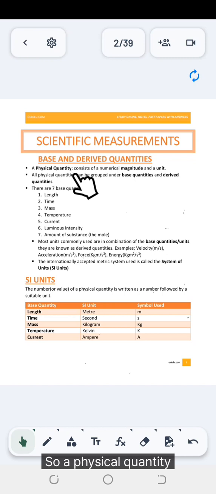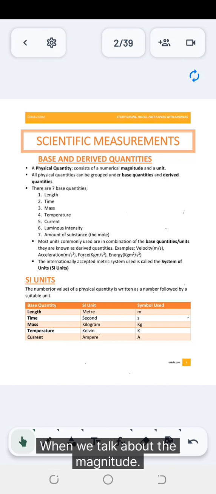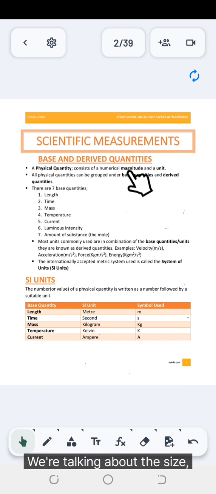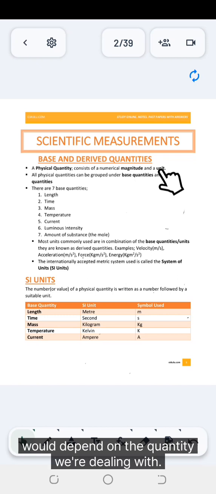A physical quantity consists of numerical magnitude and unit. When we talk about the magnitude, we are talking about the size. Then the units that are going to be used will depend on the quantity we are dealing with.